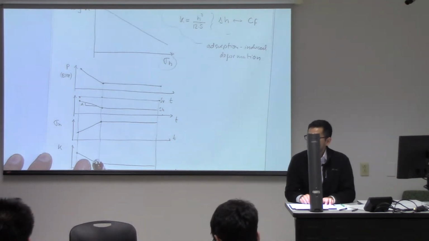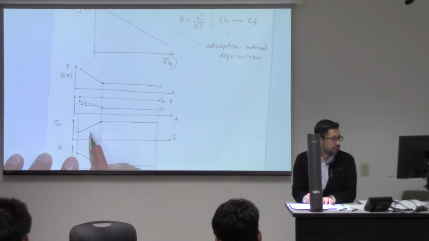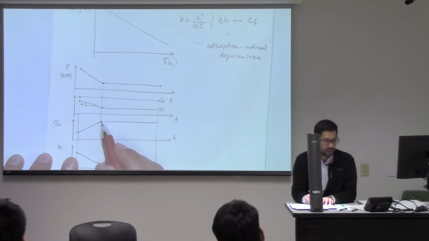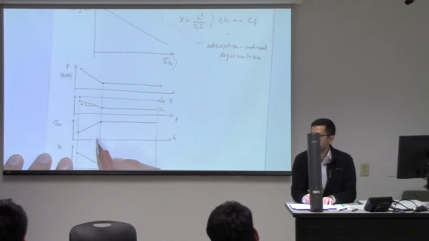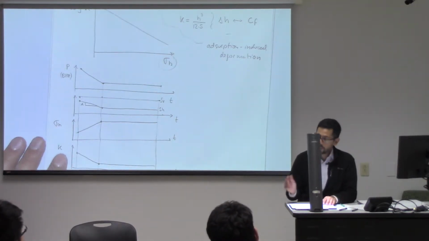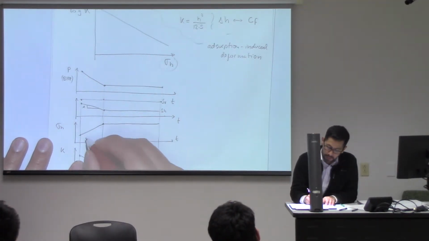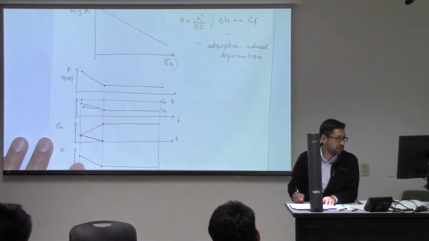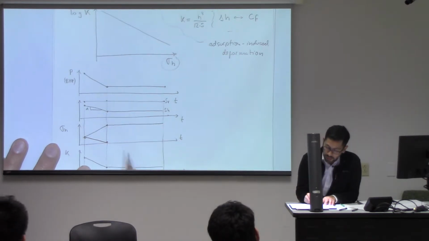It will decrease. We don't know if for sure it's going to be lower than this point, okay? We don't know if it's going to go even lower than the original. We don't know that, okay? But just in this example, I'm going to assume, to make it more obvious, that this horizontal stress is going to decrease a lot.